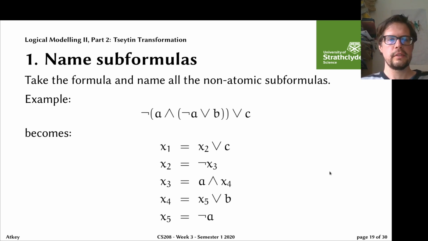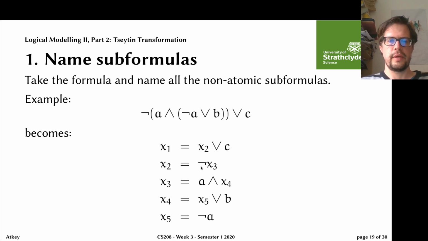So step 1 is we take the formula, so this is our example formula here, and then we name all the non-atomic subformulas. So what does this mean? Well, we give a name to the top level formula, we call it x1, and the top level formula is something or c. So we're going to say x1 is equal to x2 or c, and then x2 refers to this subformula here.